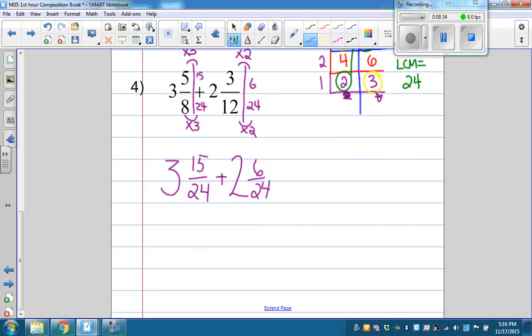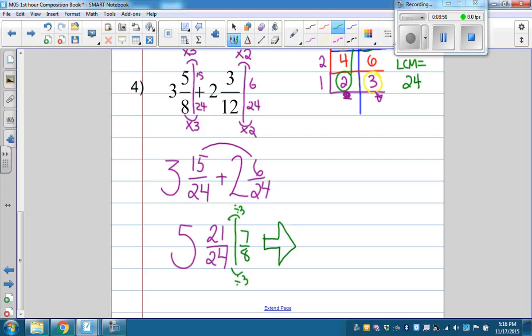So our final answer is adding the whole numbers, 5, 15 and 6 make 21, 24ths. And then see if you can simplify. 3 goes into 21, and 3 goes into 24, so 7/8. So the final answer is 5 and 7/8.